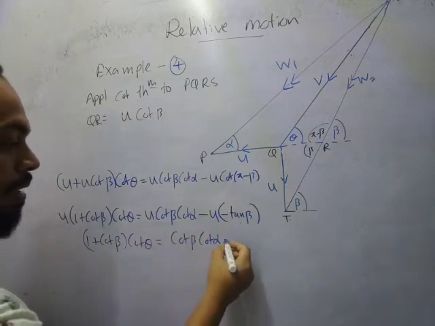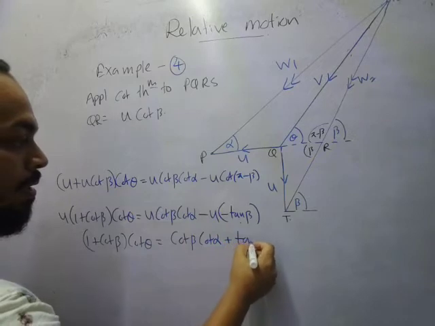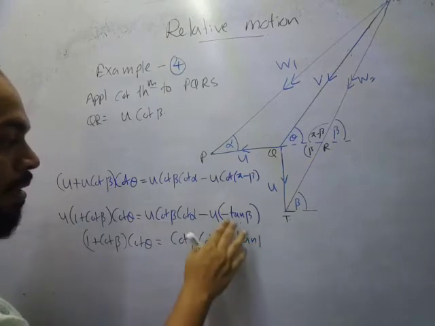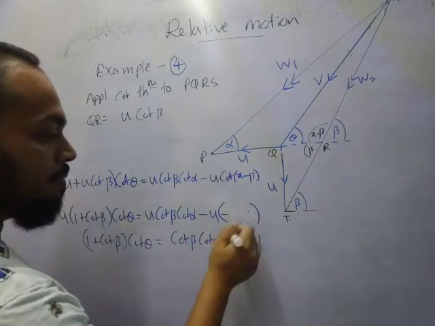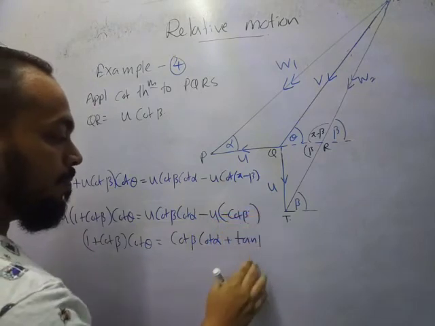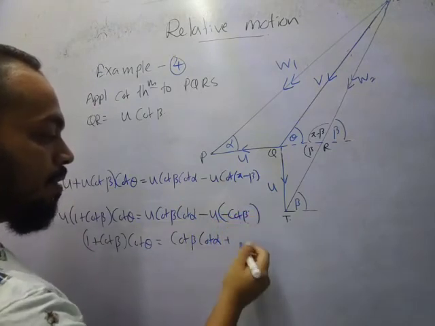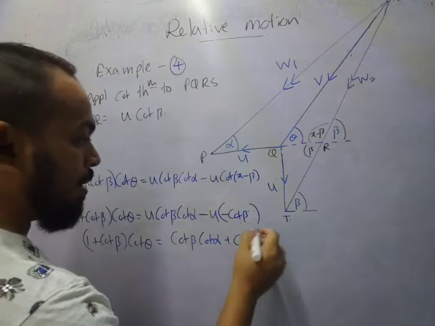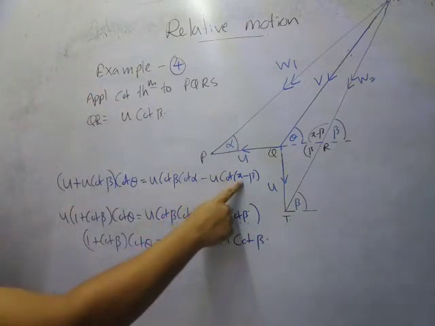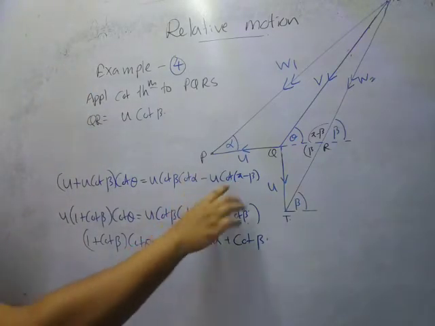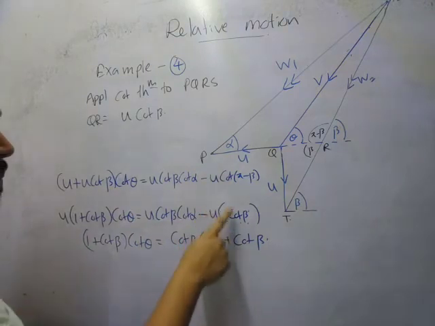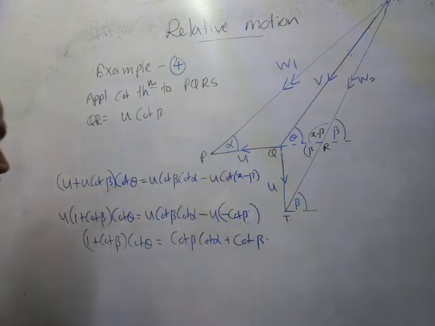This should be plus cot beta. Right. Because cot 180 minus ඒ වගේ function එක වෙනස් වෙන්නේ නැහැ, but becomes negative cot beta. Right.